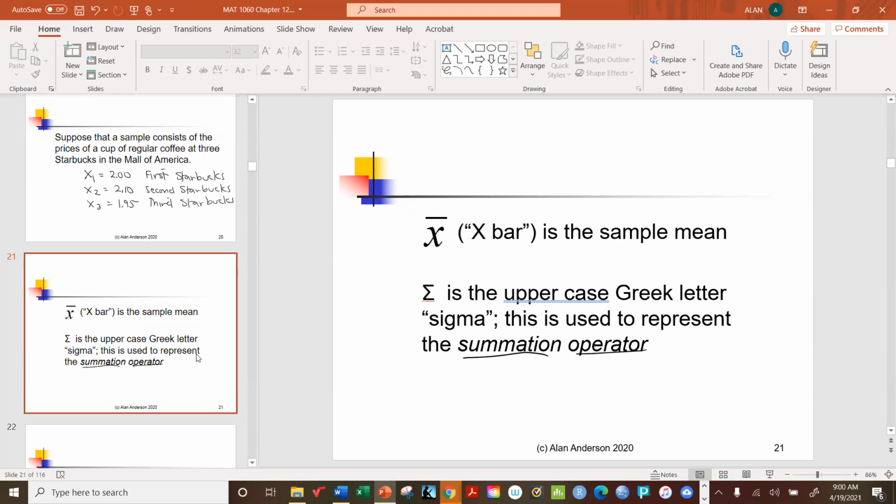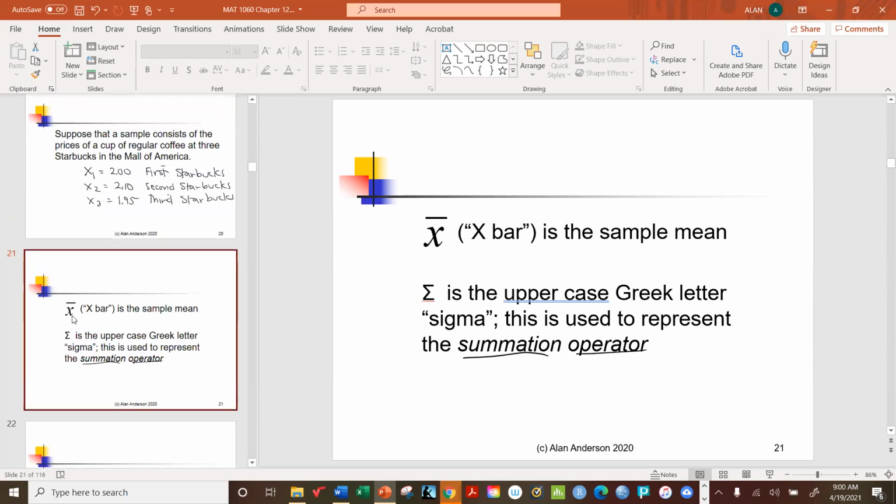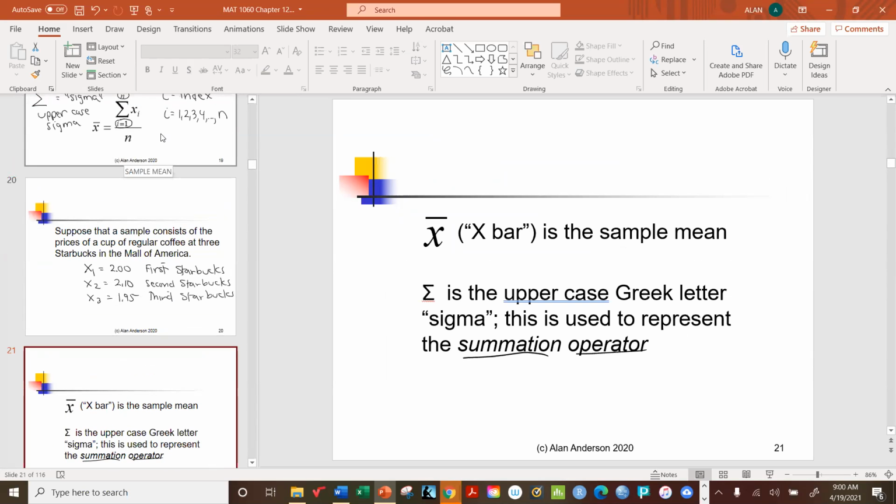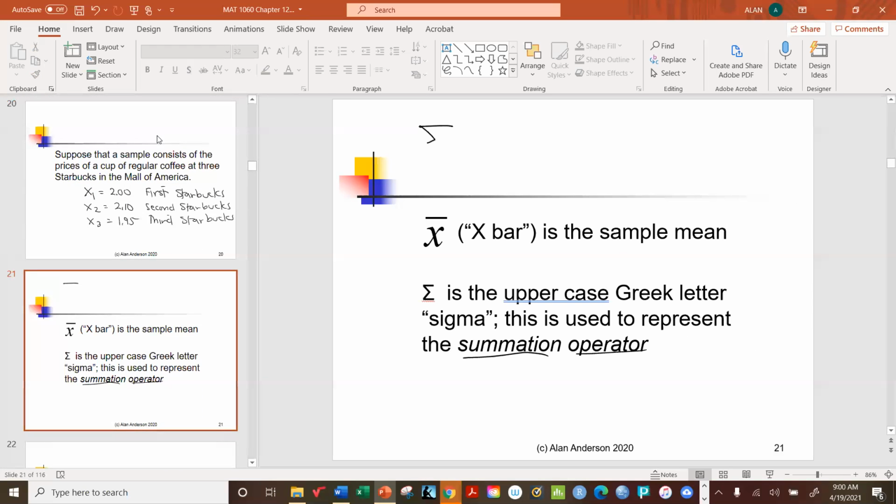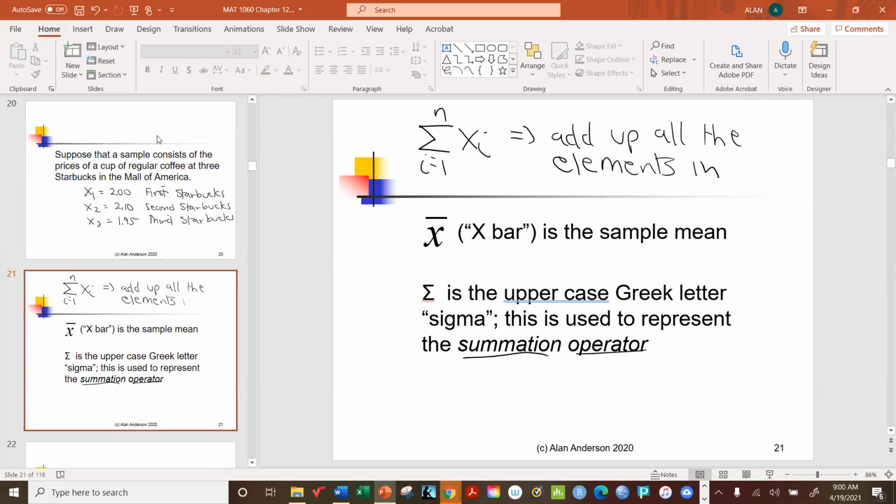So S for summation. So in this specific case, it's telling us to add up all of these elements in the sample. In other words, add up all the elements in the sample.